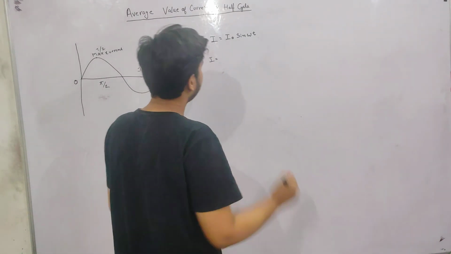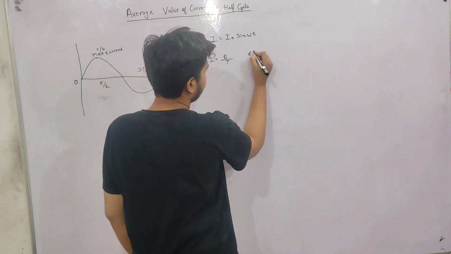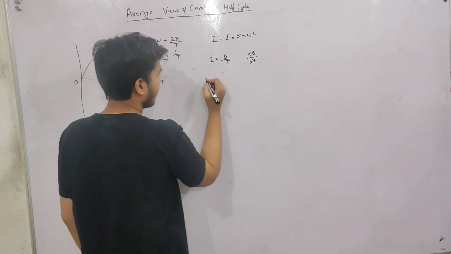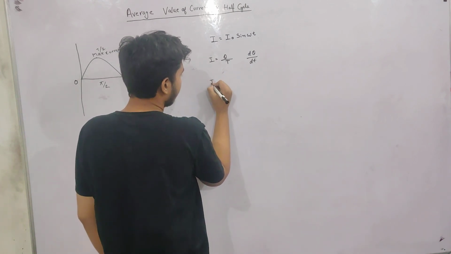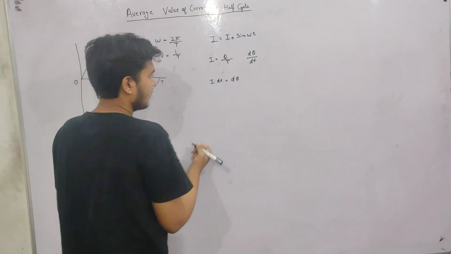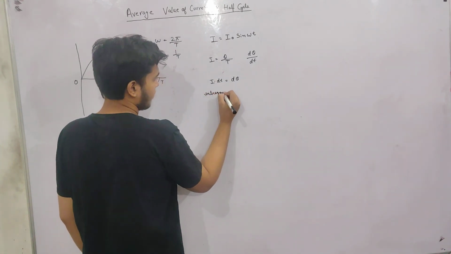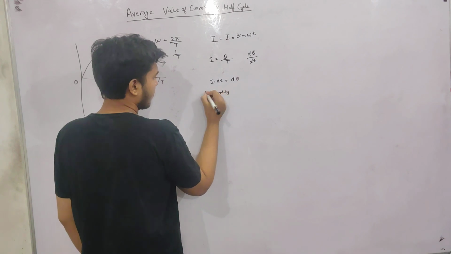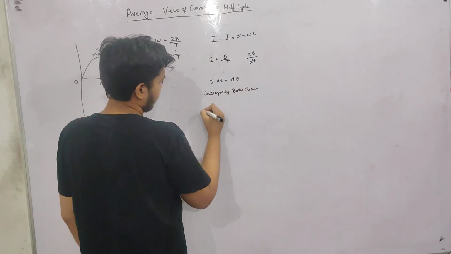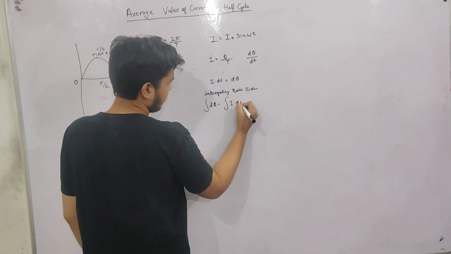Current flowing in a circuit is equal to charge by time, a small amount of charge by a small amount of time. I dt equals dq, integrating both sides. dq equals I dt.